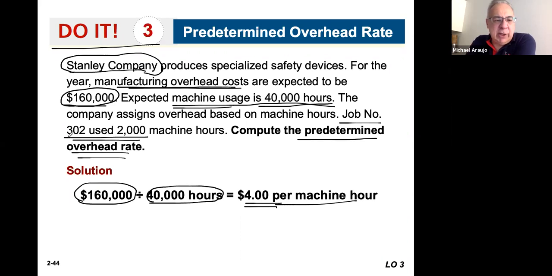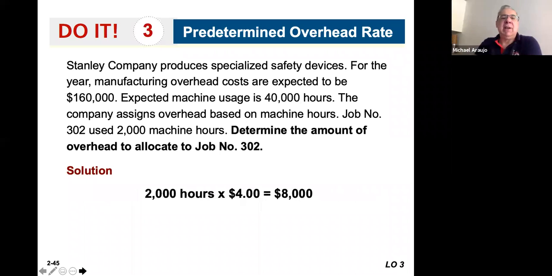So job number 302 used 2,000 machine hours, which means that at $4 per hour, $8,000 represents the amount of manufacturing overhead costs allocated to job number 302, okay? Because they used it based on machine hours. So you break it down into the amount per hour, multiply that by the number of hours the machines were used to produce the job, boom, you got your overhead, okay?